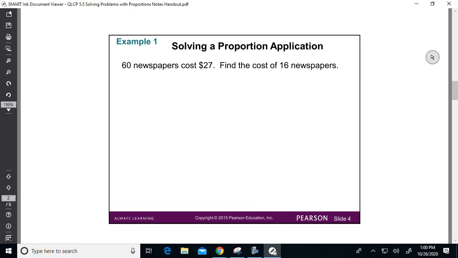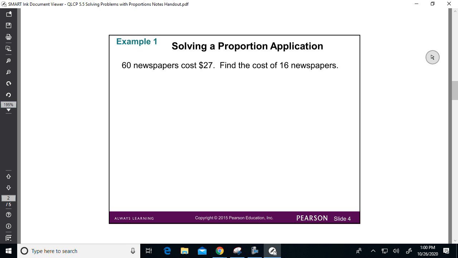So I'm going to model for you the first problem. Now, this problem looks familiar. This was the last extra credit question on the test that you took at the end of the first quarter. Most people did the first three and skipped this one.